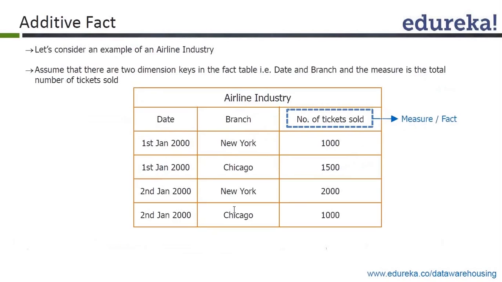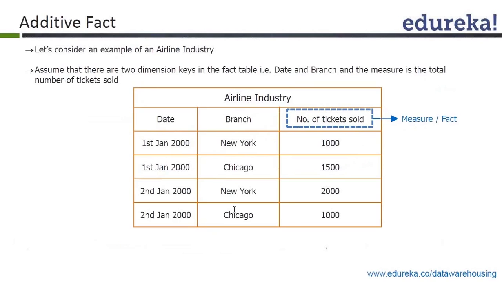So that is what your fact table stores. From this table you can gather different kinds of information. Say one kind of report we can generate is how many tickets were sold in the New York branch, or how many tickets were sold in the Chicago branch.